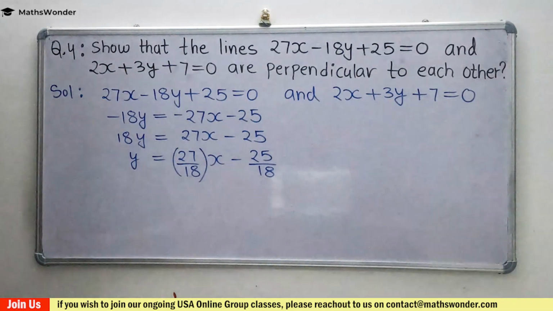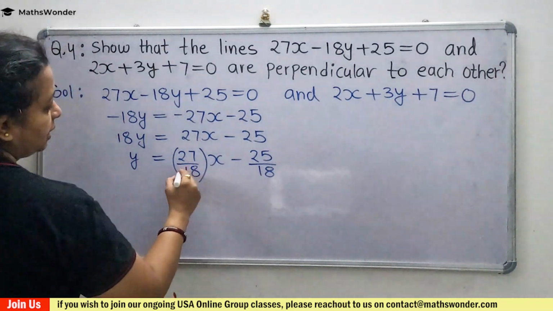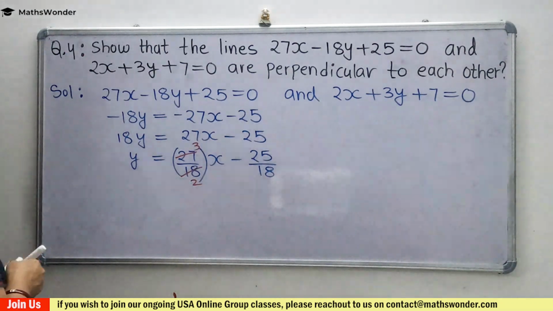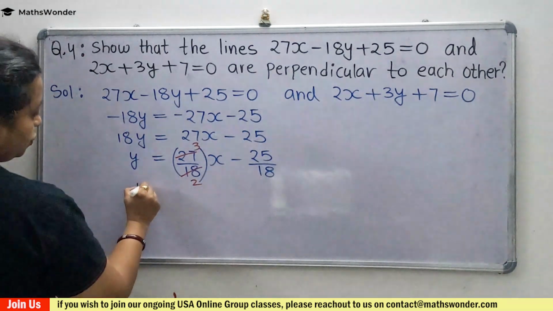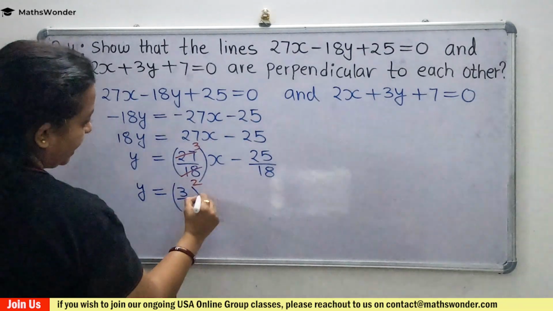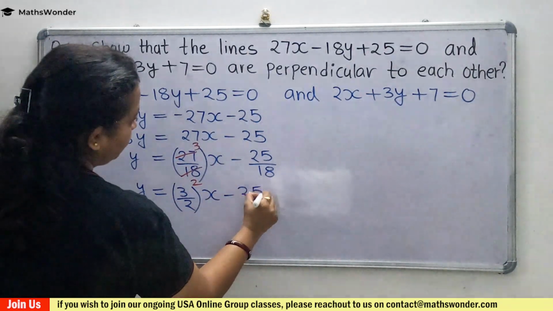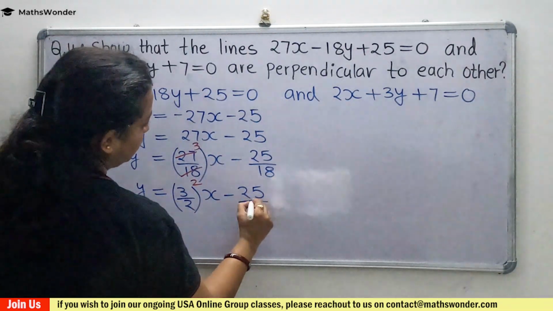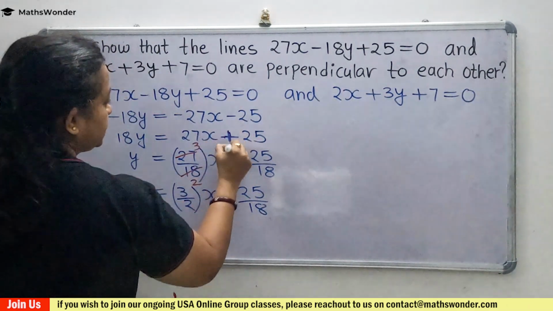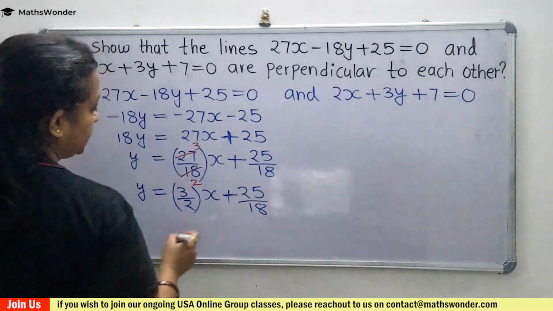Yes. 9 twos are 18, 9 times 3 will be 27. So you will be converting y is equal to 3 over 2 x minus 25 over 18. Yeah, we have converted this.